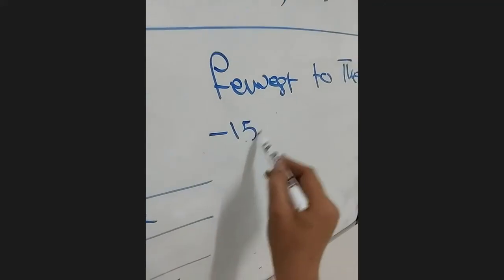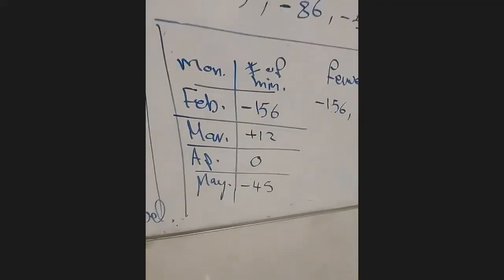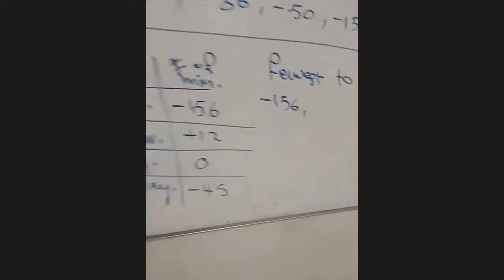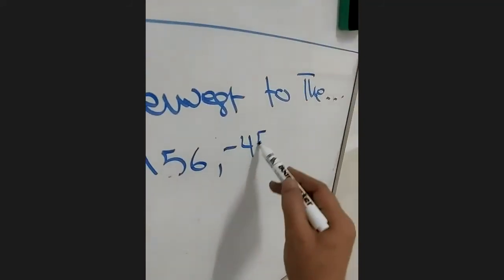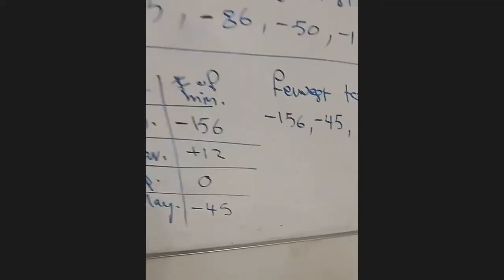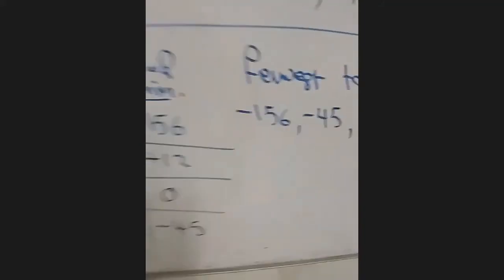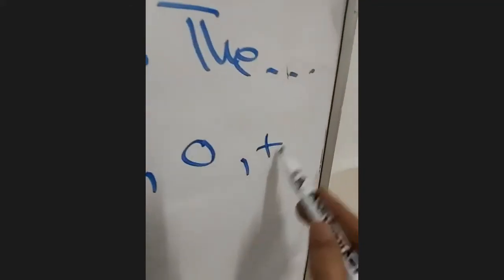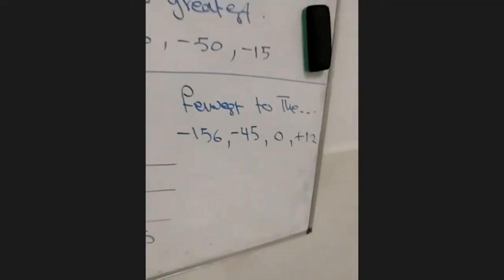Negative 156. Then negative 45. Then 0. Then positive 12. This is the ordering, guys, from least to greatest.